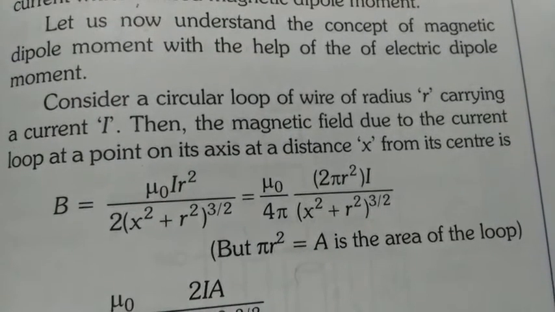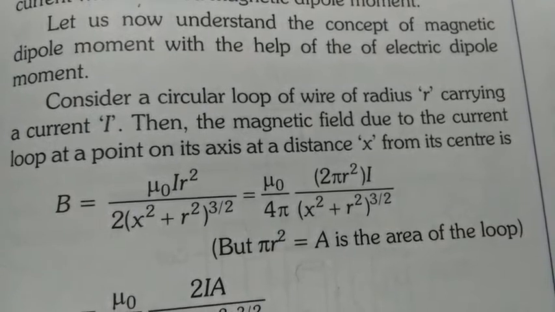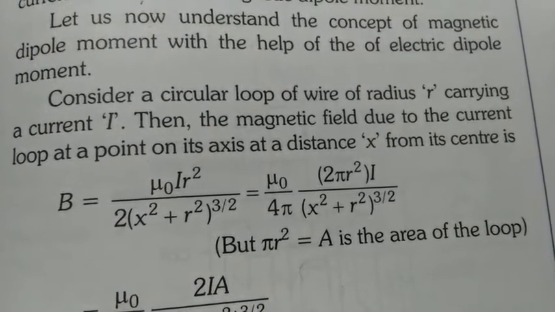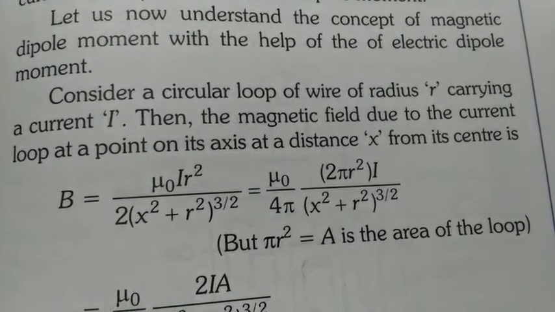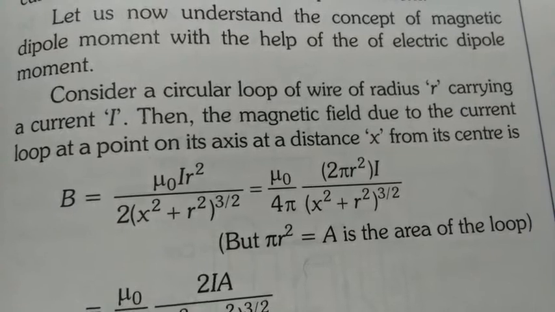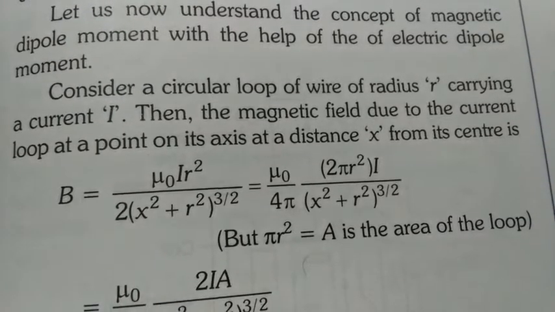Let us now understand the concept of magnetic dipole moment with the help of electric dipole moment. Because when electricity is there, only then magnetism appears. So with the help of the electric dipole we can easily find the magnetic dipole as well.